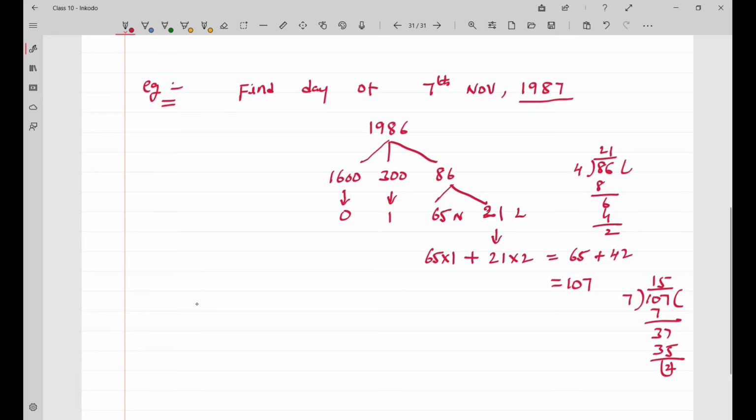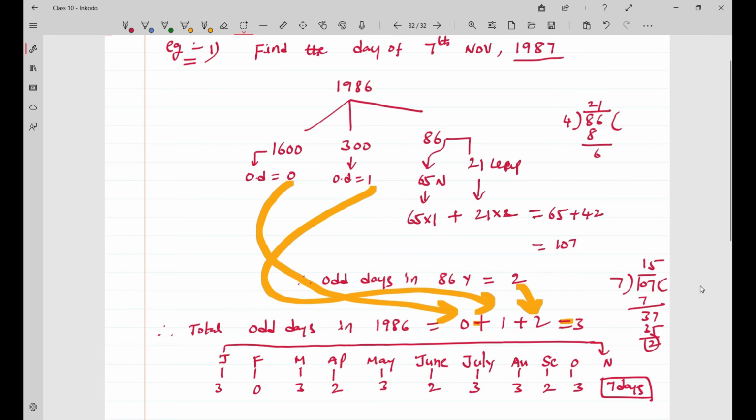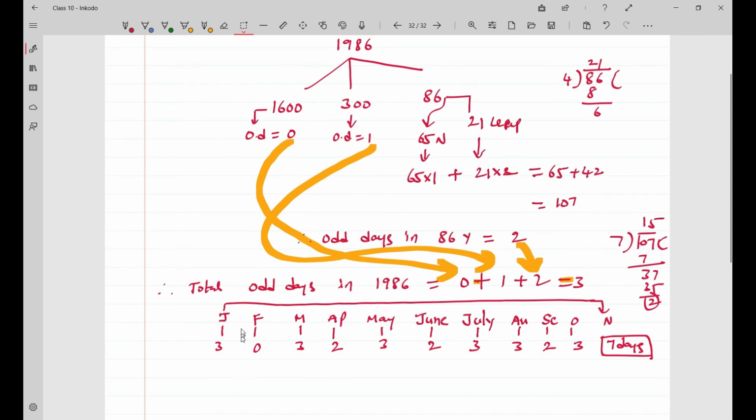So therefore number of odd days in 86 years equal to 2. Total number of odd days up to 1986 equal to 0 plus 1 plus 2 equals 3.